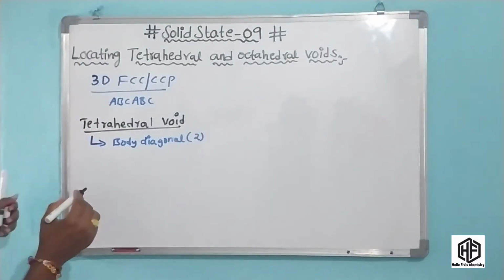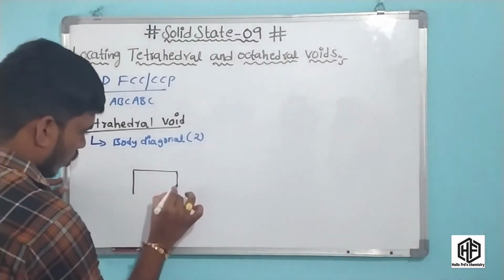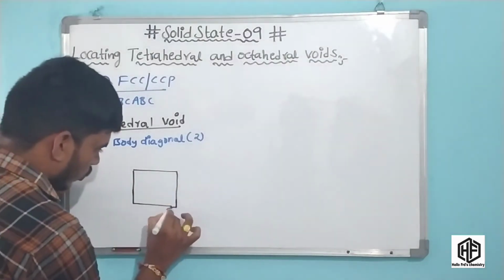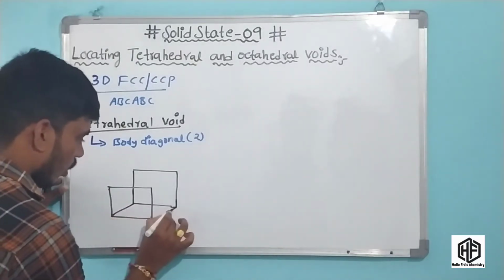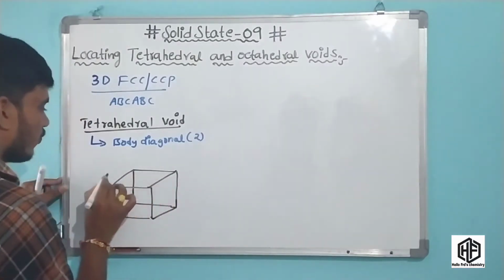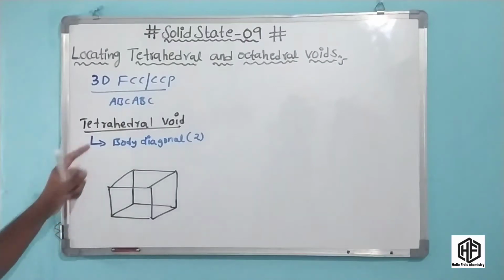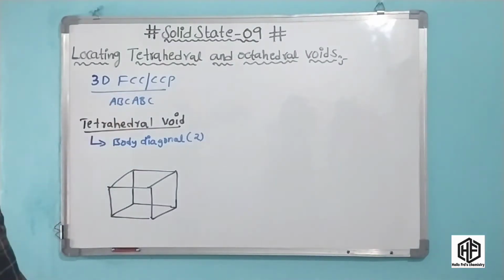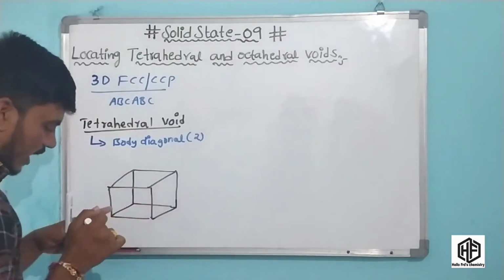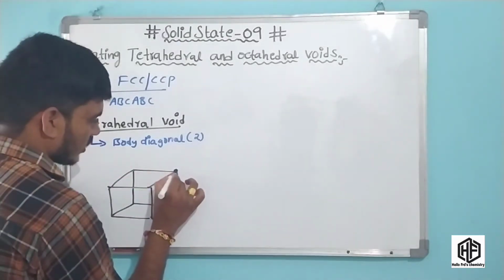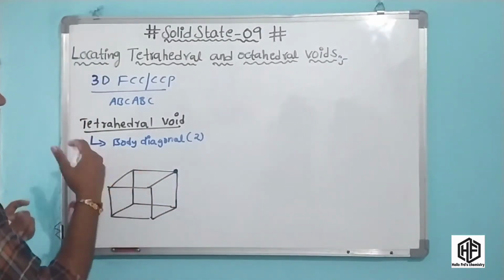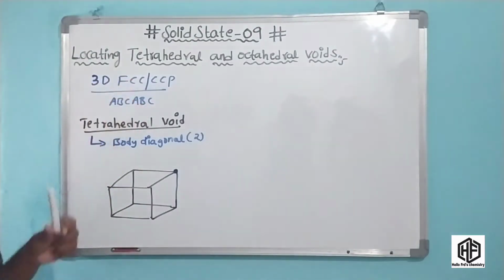First of all, I am representing the cube. This is the cube. What is face-centered cubic closed packing? In the face-centered unit cell, atoms are present at corners and faces. This is one atom. Atoms are present at the faces of the face-centered cubic closed packing.